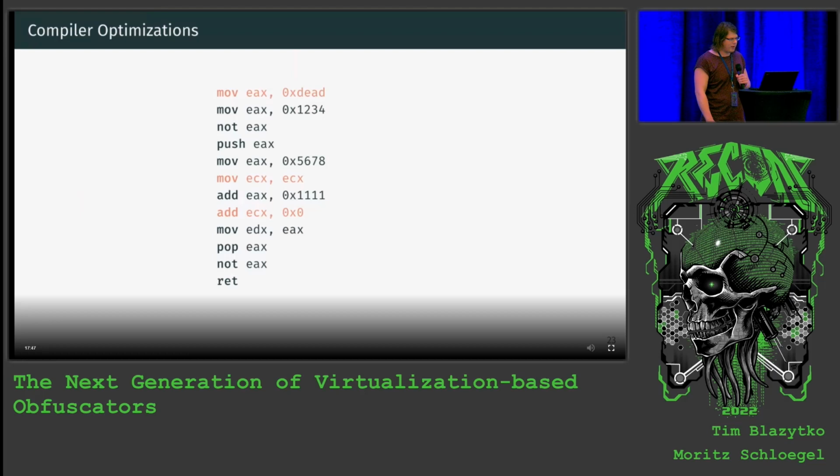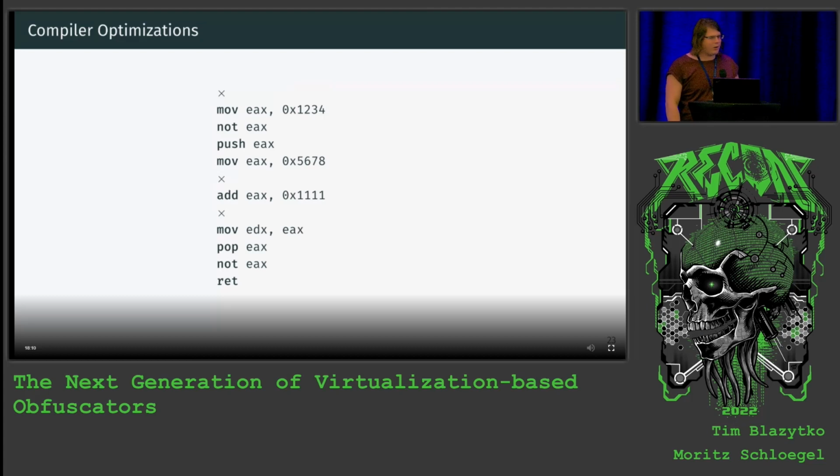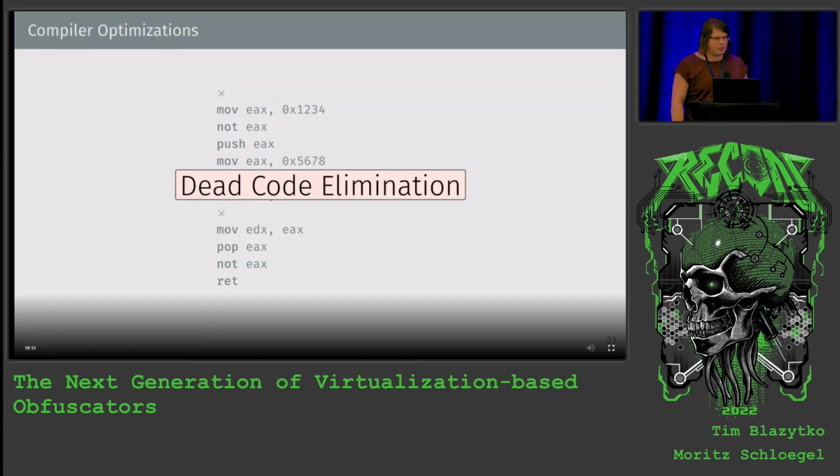If you have a look at the highlighted instructions, the first one, the EAX, is basically dead since it just overwrites EAX in the next instruction. Also, move ECX doesn't do anything meaningful, and adding 0 to a register also doesn't, so we can just delete them. Something like that is called dead code elimination.